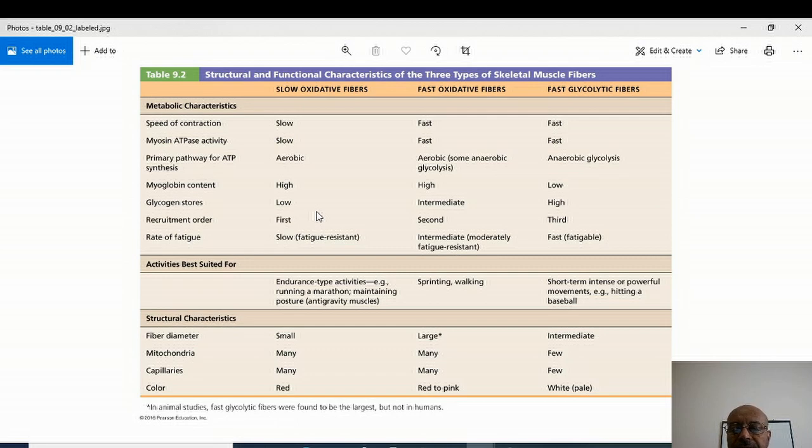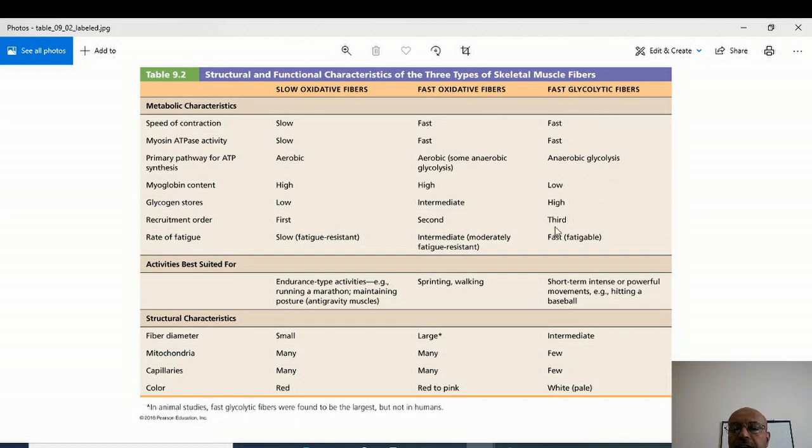They are fatigue resistant because they produce their ATP by the oxidative method, so no accumulation of lactic acid, because the oxidative method completely decomposes glucose.